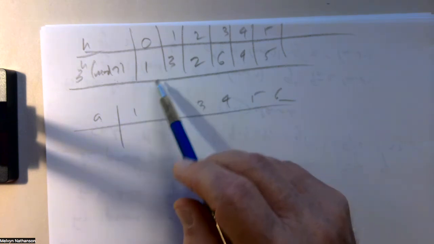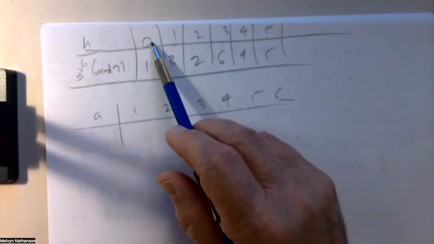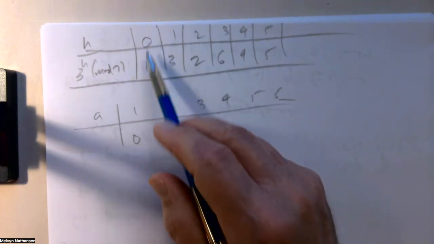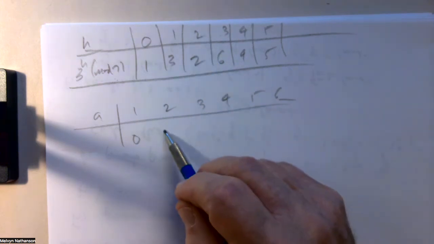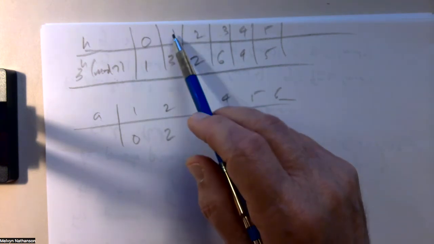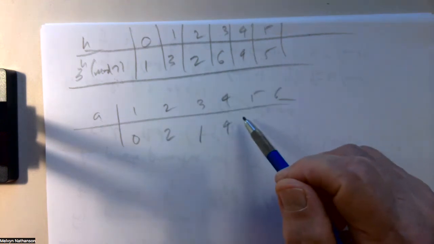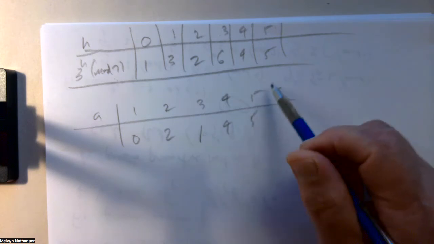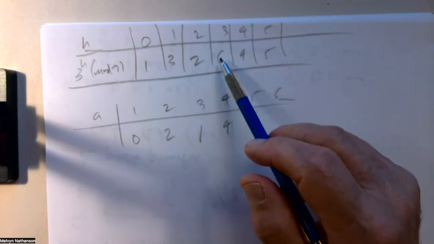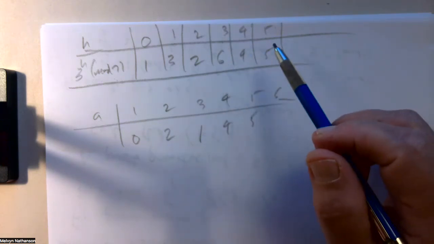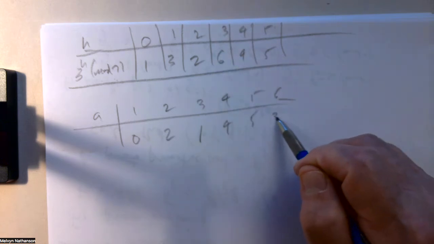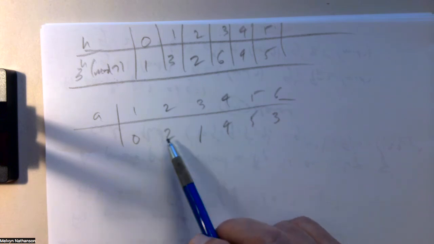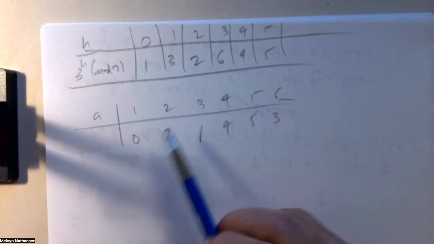So 3 to the 0th power is 1. 3 squared is 2. 3 to the first power is 3. 3 to the fourth power is 4. 3 to the fifth power is 5. 3 cubed is 6. So this is the power to which you have to raise 3 to get the number A.